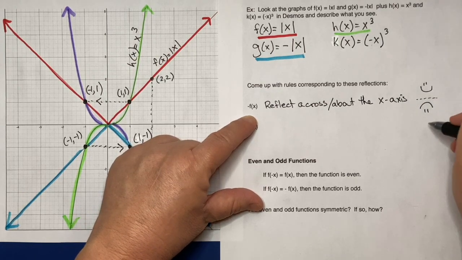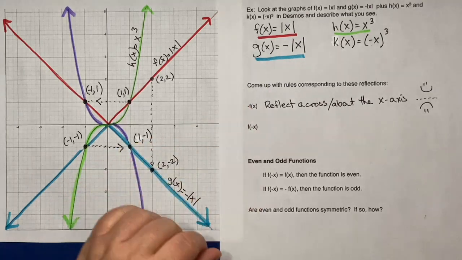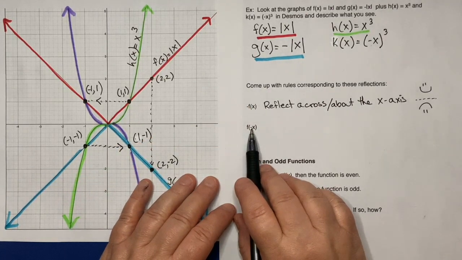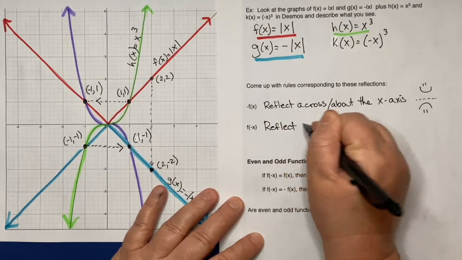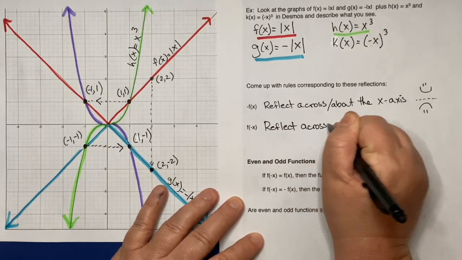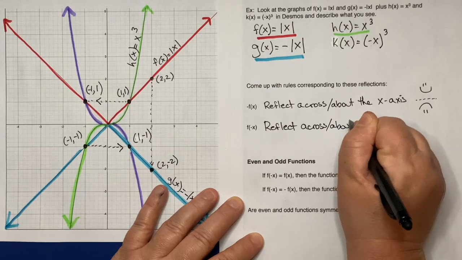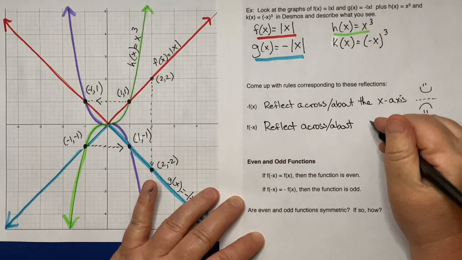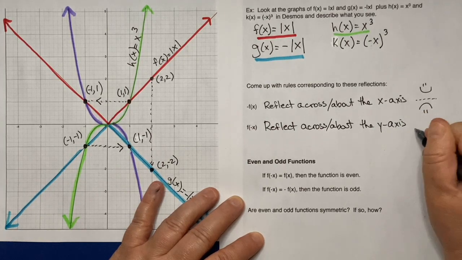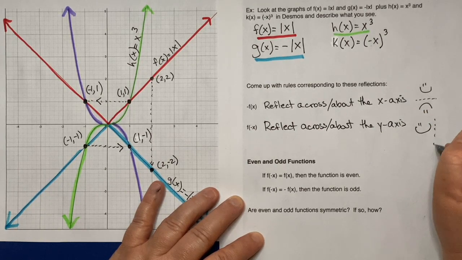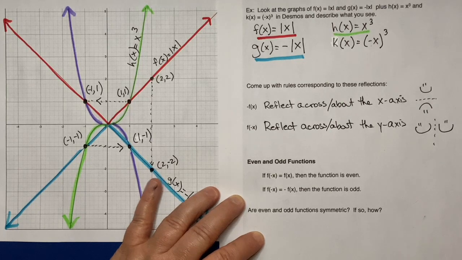So you reflect top to bottom. And if you change the sign inside, you reflect across or about, I've heard it both ways, and there are a couple other ways to say it too, the y-axis. So this one's going to look like that.